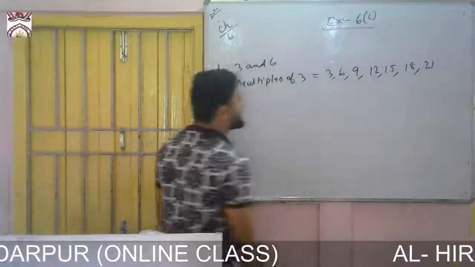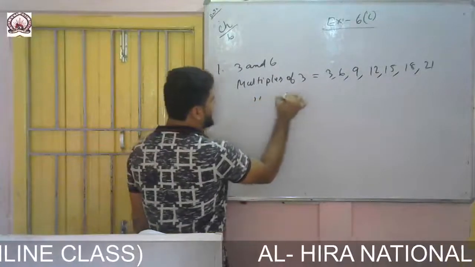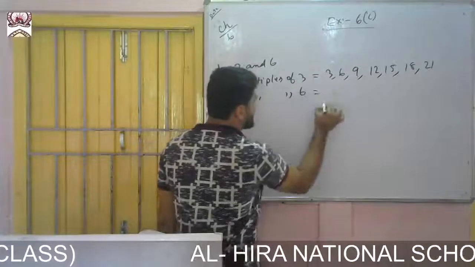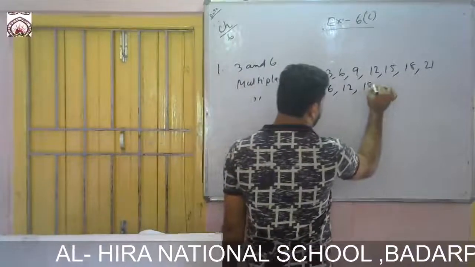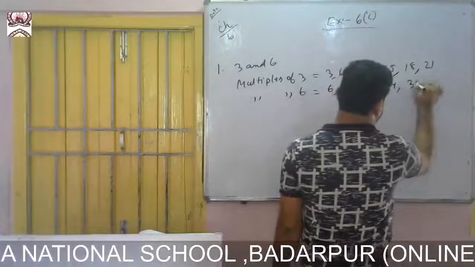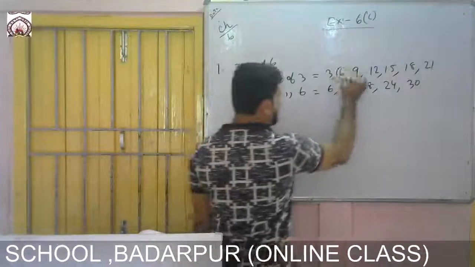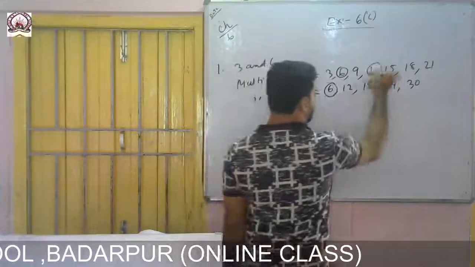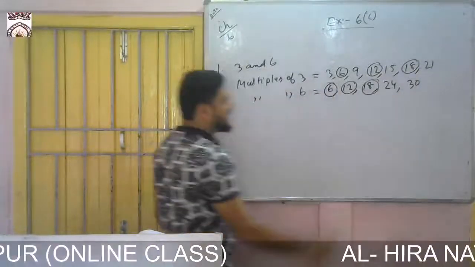No need of getting more. Then multiples of 6: 6 1 are 6, 6 2 are 12, 6 3 are 18, 6 4 are 24, 6 5 are 30. Now let us take the common ones: 6, 12, 18, and many more are there.